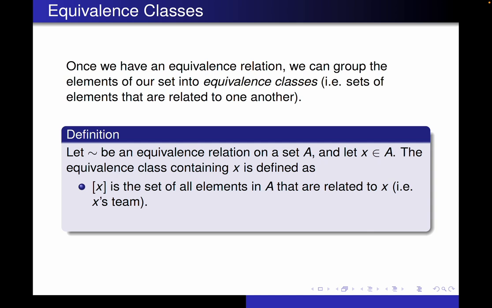I like using a team metaphor for equivalence relations. Two elements are related if they're on the same team. So this equivalence class is like x's team. You could think of x as the team captain, and [x] is the set of all players on x's team. More formally, [x] is equal to all the elements y in A such that x is related to y.